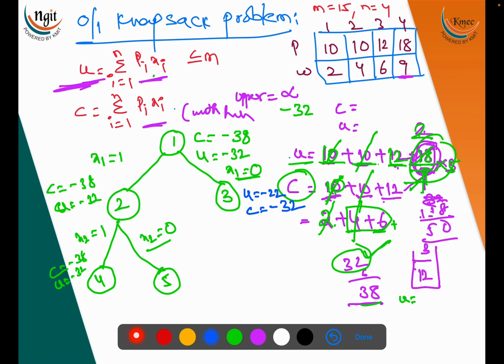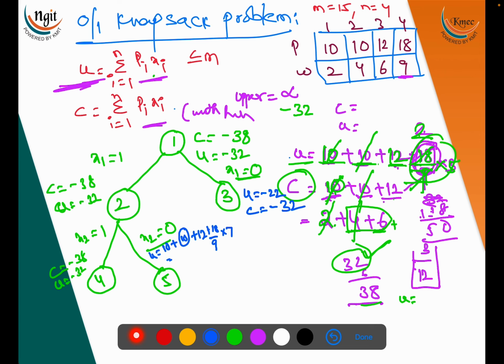The u value is what? The u value is 10 plus, and this 10 you will not take because x2 is not there. 10 plus 10 plus 12 plus 18 by 9 into 7.